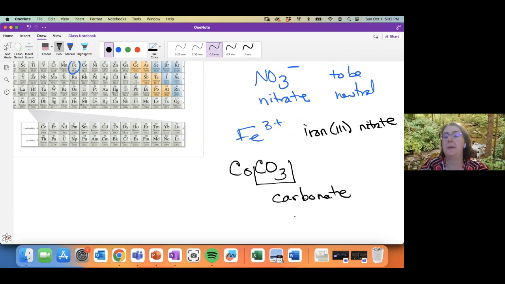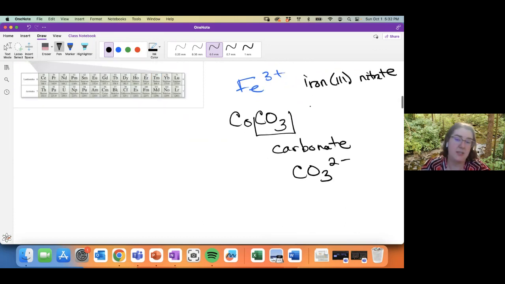I'm supposed to have memorized that carbonate has a -2 charge. So therefore, since there's only one carbonate, and it's got a -2 charge, the whole thing is neutral. This has to be cobalt 2 carbonate.